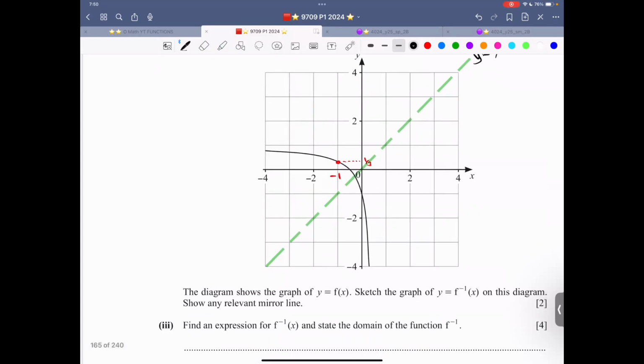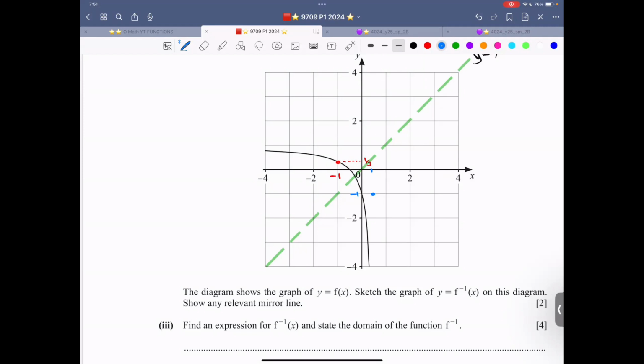Now, one other thing, -1 and 1/3. That will become 1/3 and -1. So that is over here, 1/3. And this is -1. So this is also a guideline so that you know that you have to go through this.